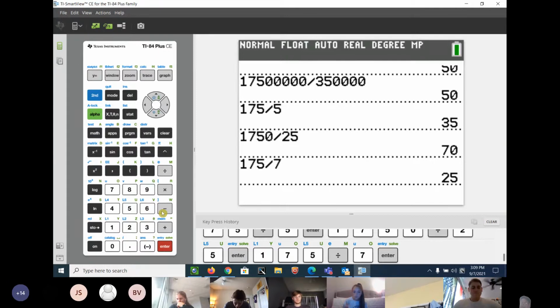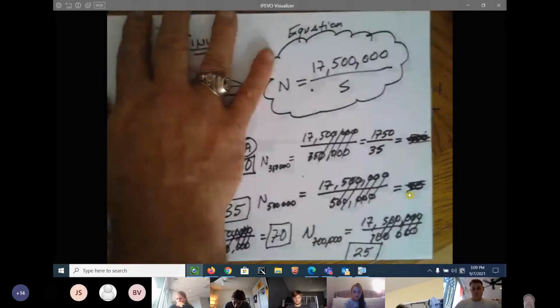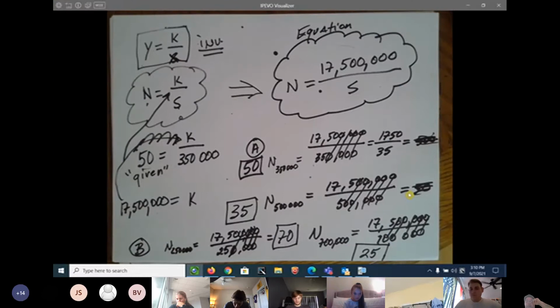So A is 50 to 35 and 25 to 70, but we don't have 70, so I guess it maxes out at 50. I don't know how they were going to take that 70 states, but that's what I got. I'm going to leave that there for a few minutes so you can look at it.